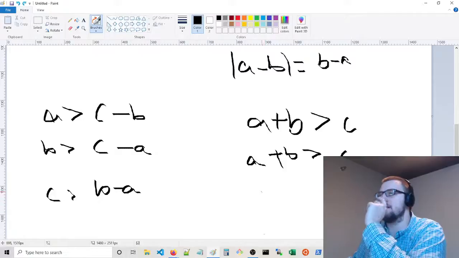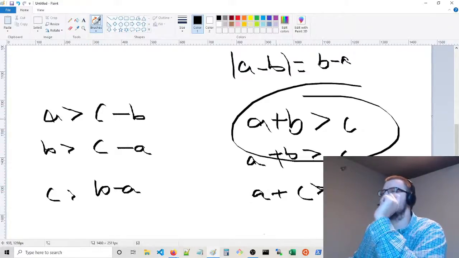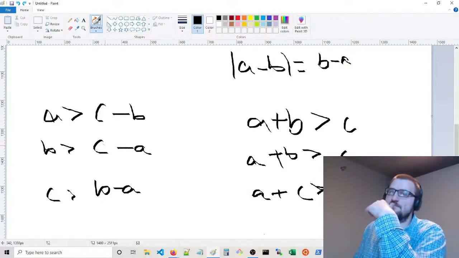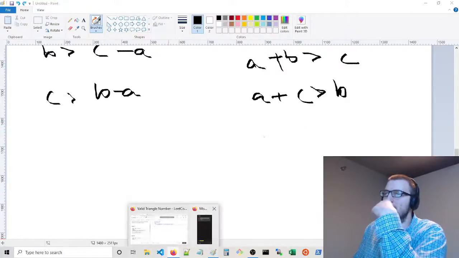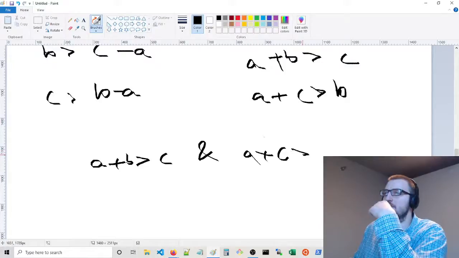And then again, A plus C is greater than B. Okay, well, these are the same. That's interesting. So we really only have A plus B is greater than C, and A plus C is greater than B.